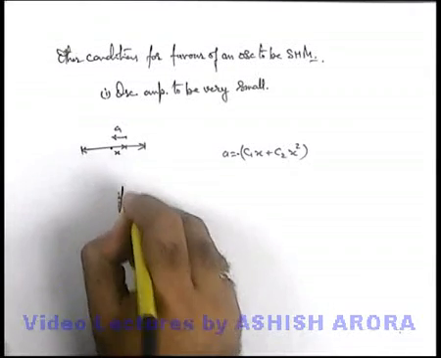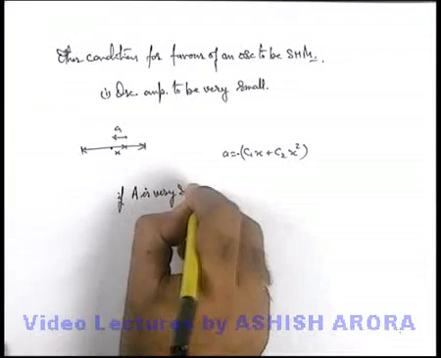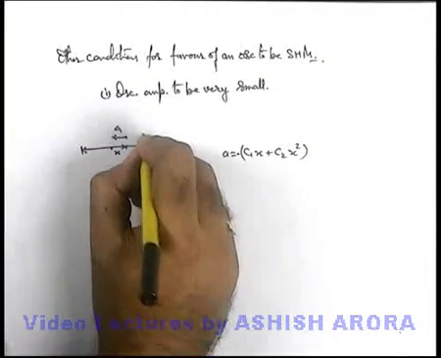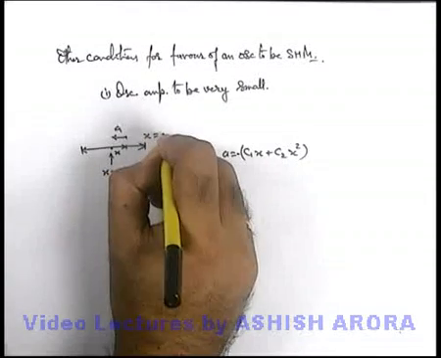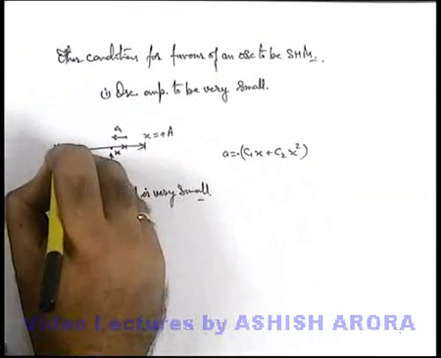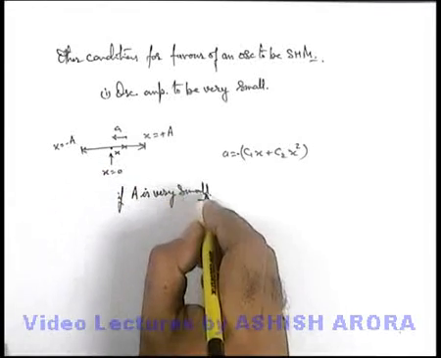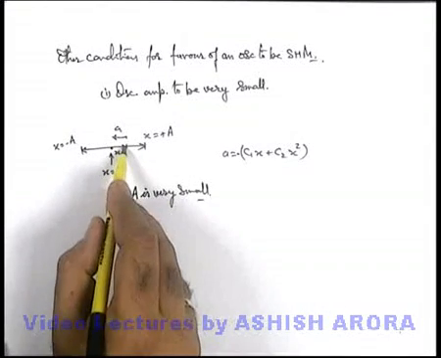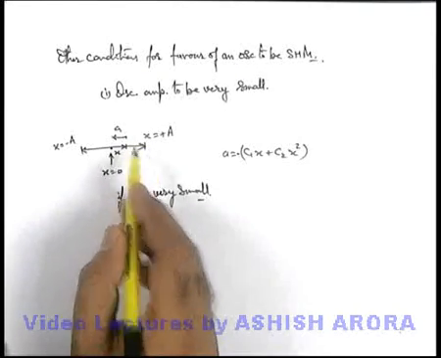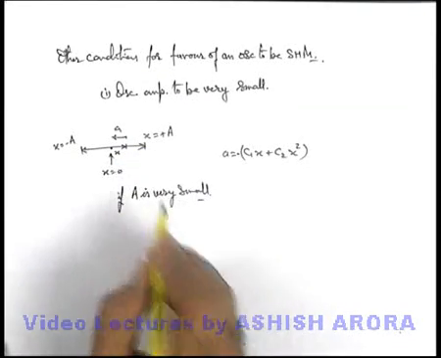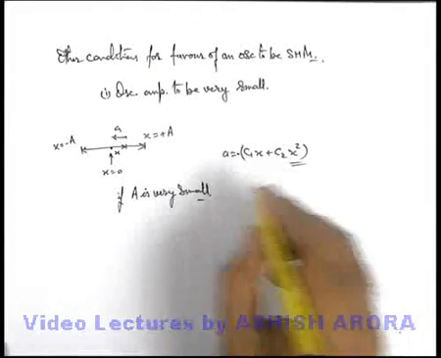But if a is very small, where a is the amplitude, like the mean position is at x equals 0 and the extreme positions are at x equals plus a and x equals minus a, then the displacement of the particle, which is always less than or equal to its amplitude, will also be very small. And if x is very small, the higher order terms in x can be ignored.